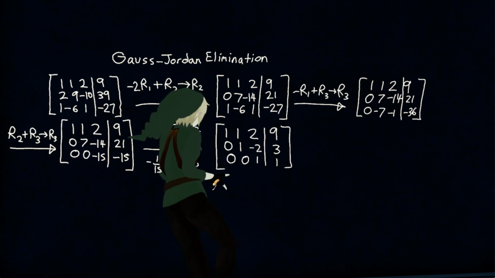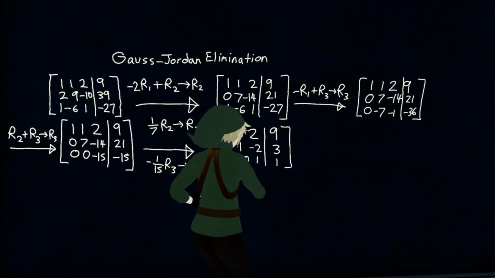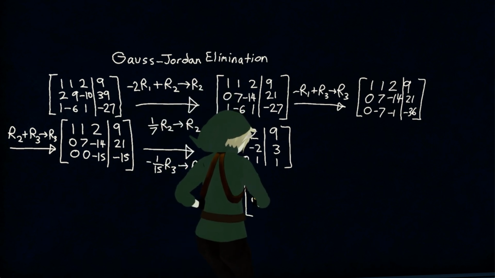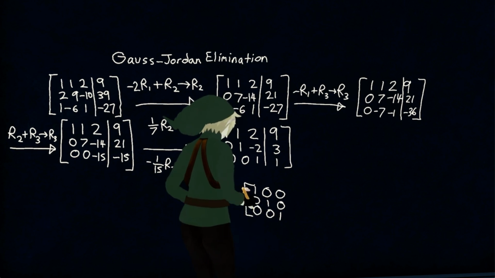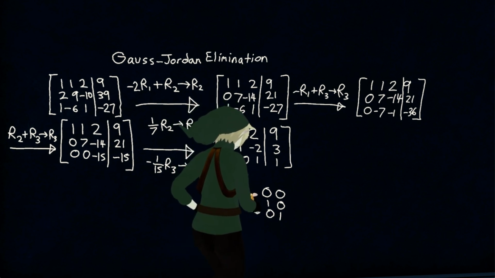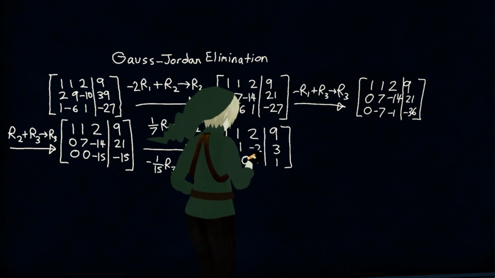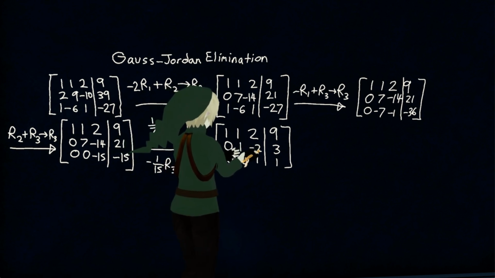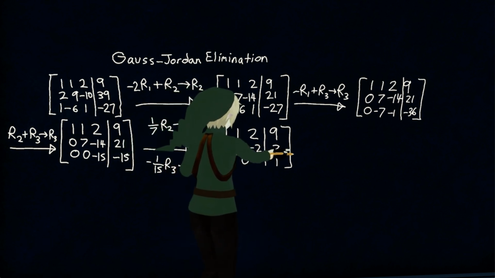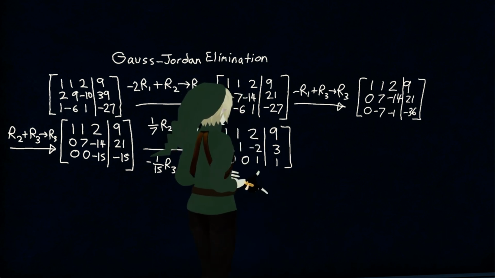So now what? Well, again, our goal was to make it look like this. Just to recap, our goal was to make it look like this. Okay? I'm going to try not to use my eraser so that I don't lose my progress. And of course, I can make this become 0 by using this. I'm going to grab this equation and subtract it from the first row.